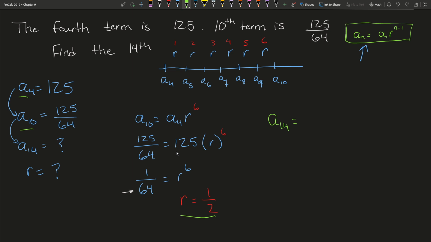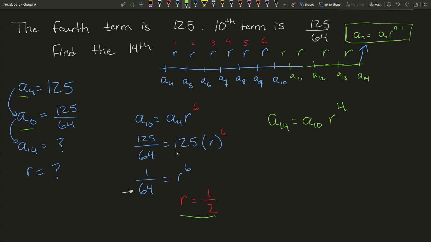Okay, so I'll use A10. And we have to multiply by r four different times in order to go from the 10th term to the 14th term. So our exponent will be 4.